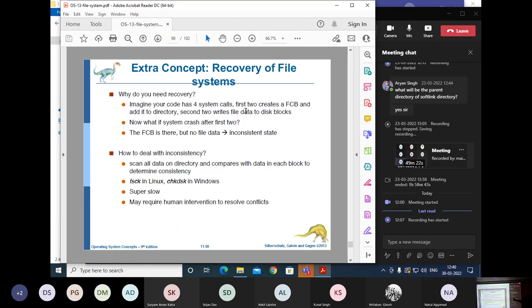Think of this as just a fancy way of fixing broken links and making a tree follow the tree property. Expensive. Don't try it often, but that is how you recover. What is recovery of a file system in this case? Very basic case: fixing a tree, making the tree abide by the tree property. The tree is broken otherwise.